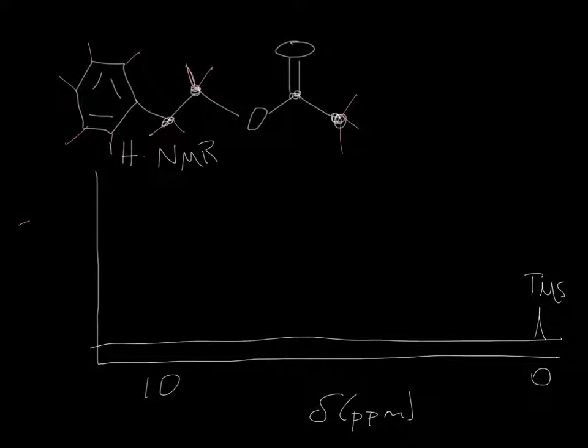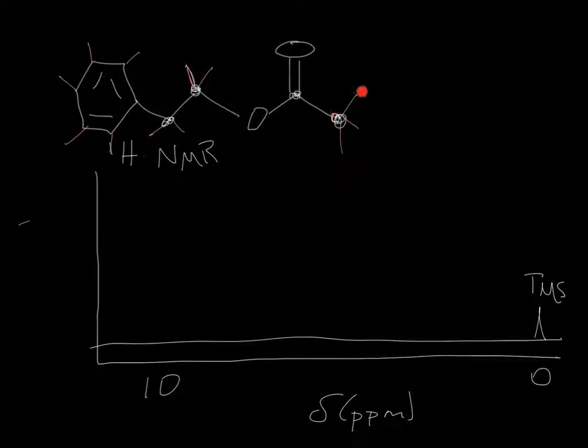Now let's start comparing. This carbon here has 3 hydrogens on it. Are there any other hydrogens anywhere else in this compound that are identical to these? No. So we know that it's going to be a methyl peak.